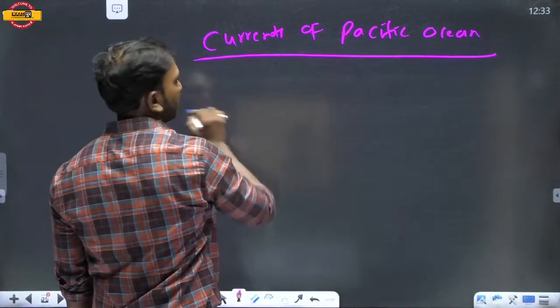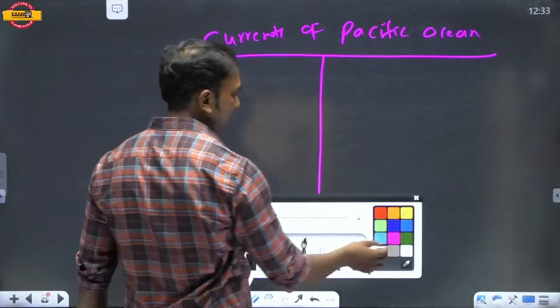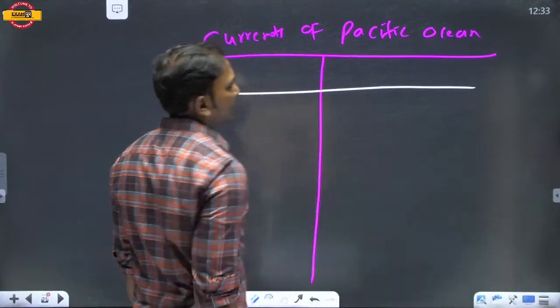Currents of the Pacific Ocean. Firstly, write down the current's name. There are cold currents and warm currents.